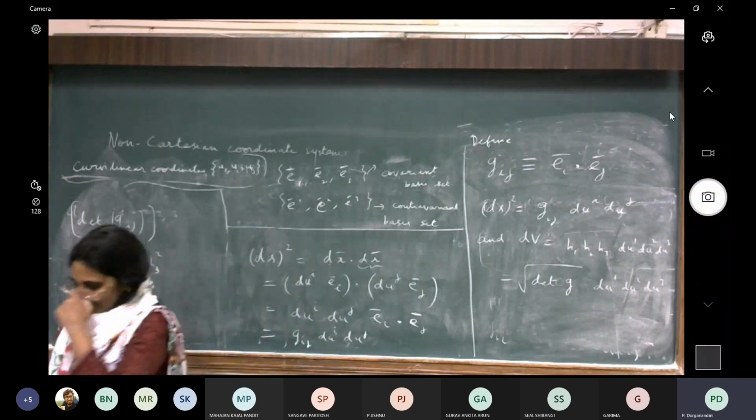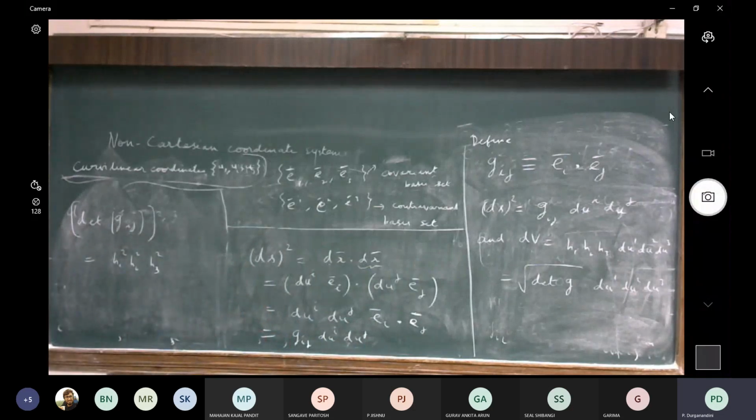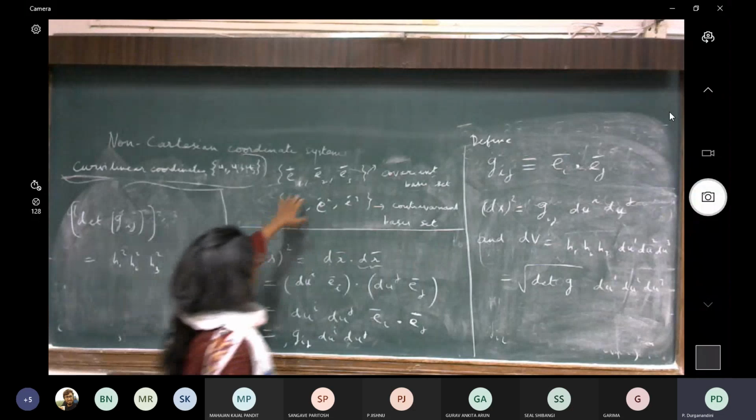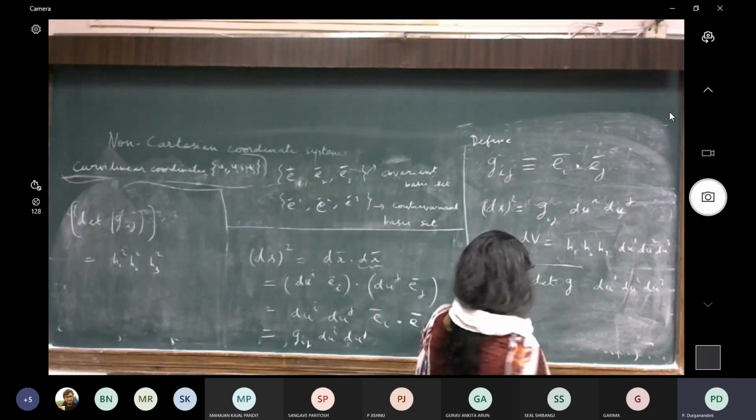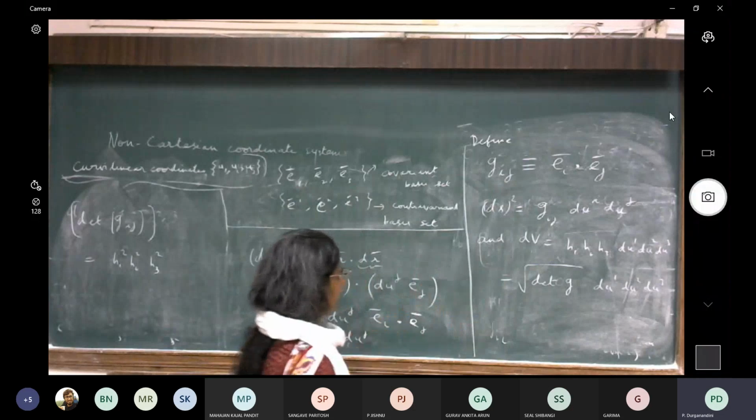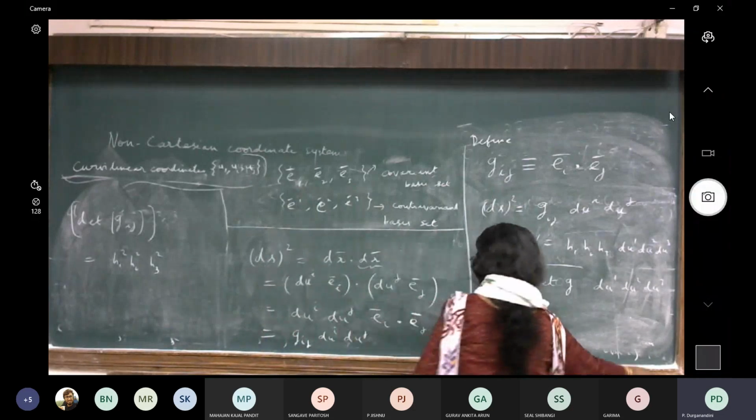So the volume element simply becomes, most generally, in this fashion. Again, I've used an orthogonal basis here, which is why I don't have off-diagonal elements for my g. But we'll see a little bit more about this.